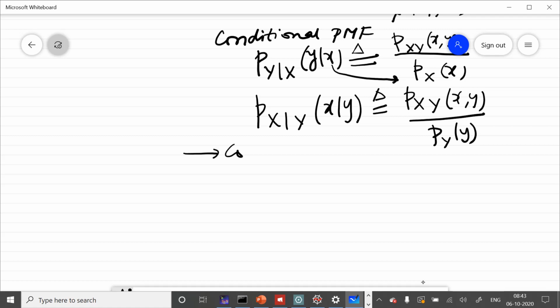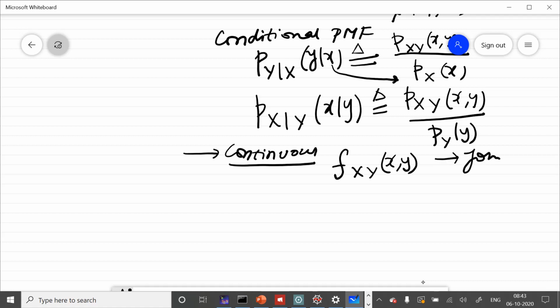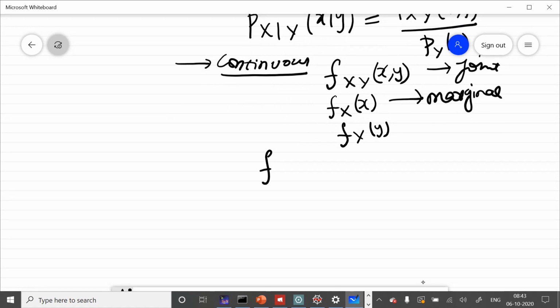Similarly, if you have the continuous case, then suppose you are given the joint PDF, and you are given the marginal PDF of X. And now I ask the question, what is the conditional probability density function of Y given X?